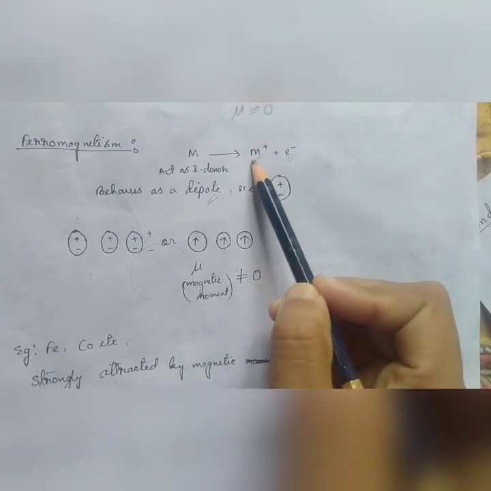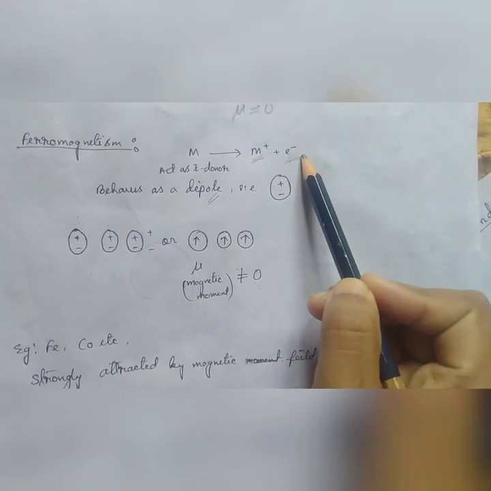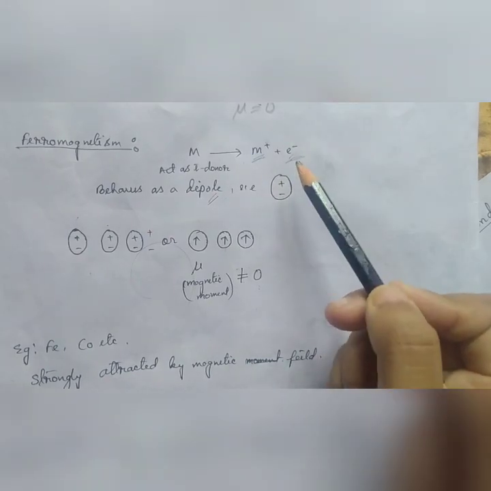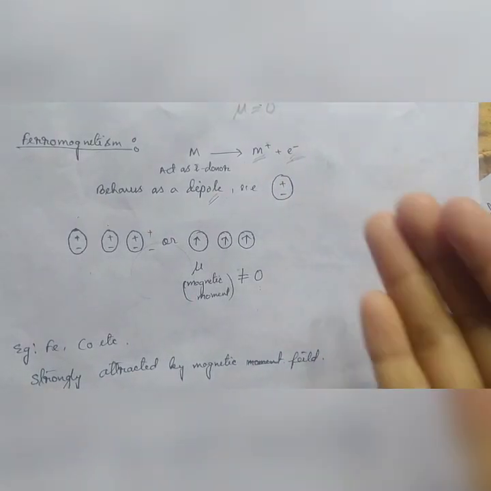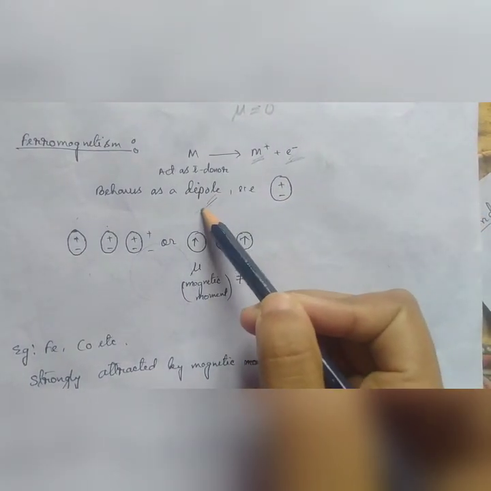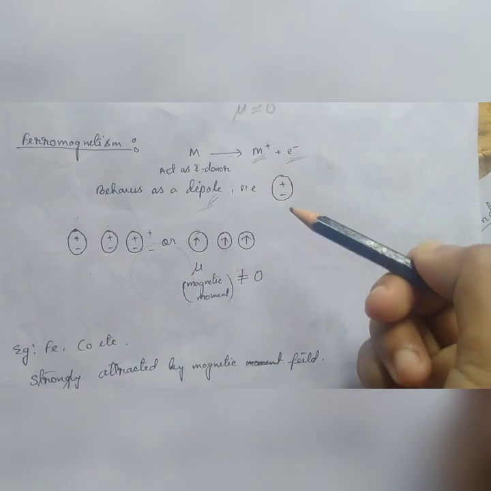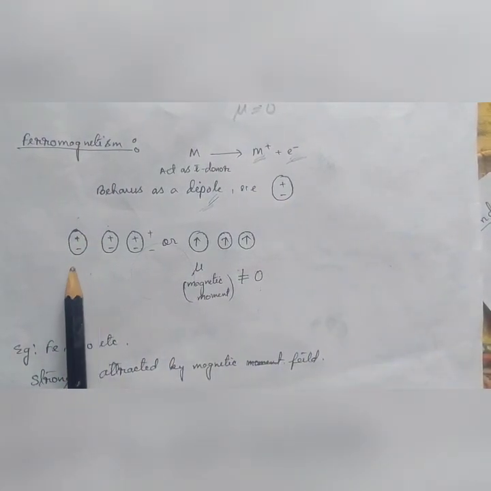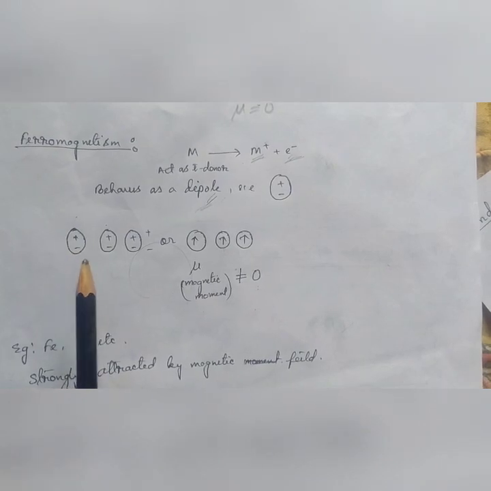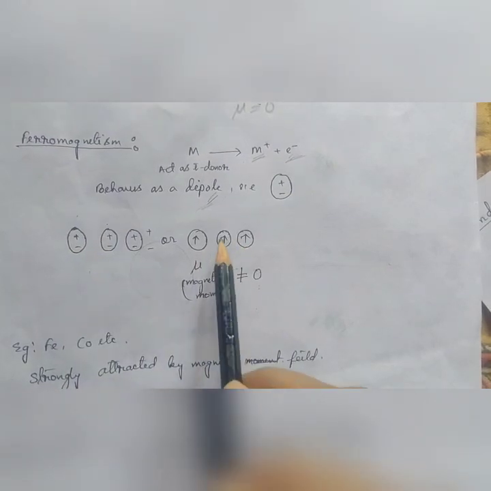So in metal also, M+, that means positive charge, electron minus, that means negative charge, both are there. So it will act as what? Dipole. Okay, now when magnetic field is applied, then the ions of this metal will try to arrange themselves. Okay, and in ferromagnetism they arrange like this: plus minus, plus minus, plus minus, in the same direction. This is the alignment of magnetic moment.